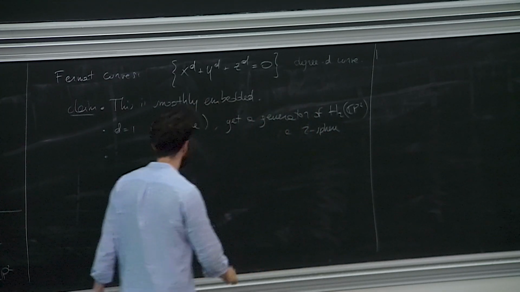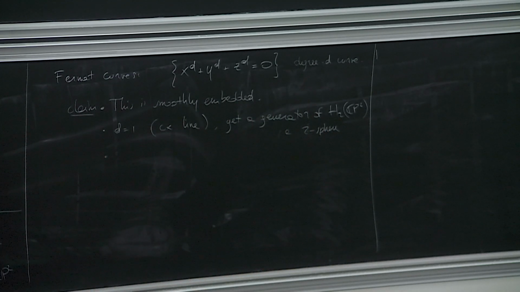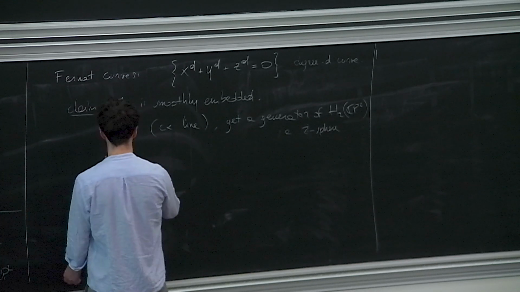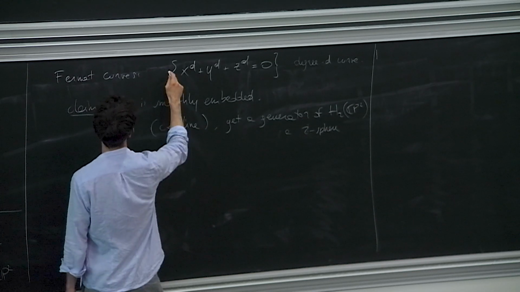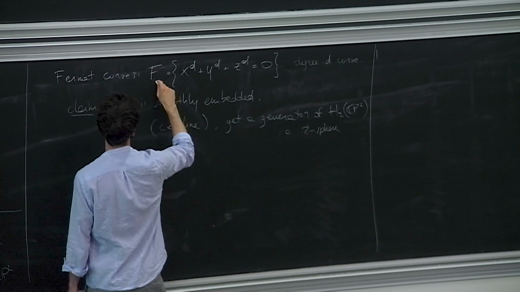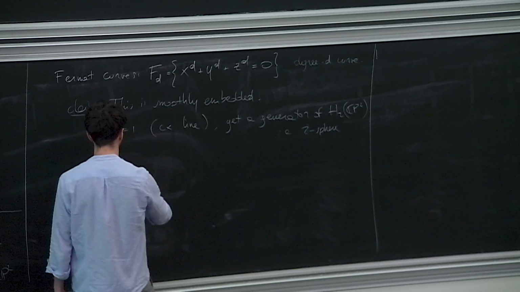Topologically, a complex line is a Riemann sphere, which is a smooth two-sphere. And in general, let's call this F_d, F_d for Fermat.